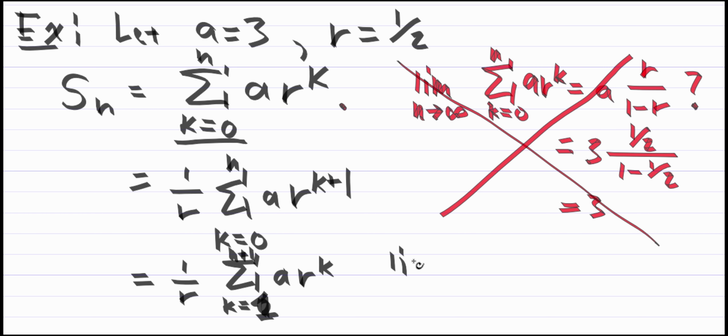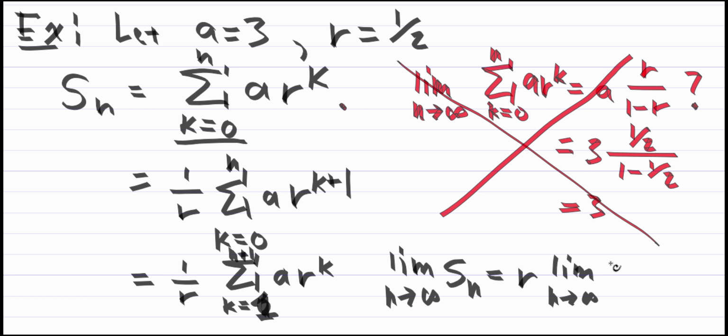So now the limit as n approaches infinity of Sn will be equal to 1 over r times the limit as n approaches infinity of the sum that I know, k equals 1 to n, a r to the k.